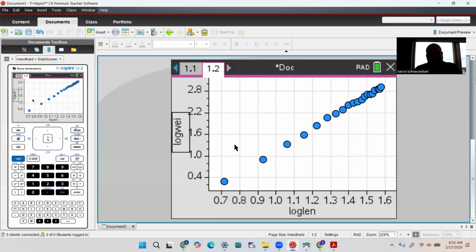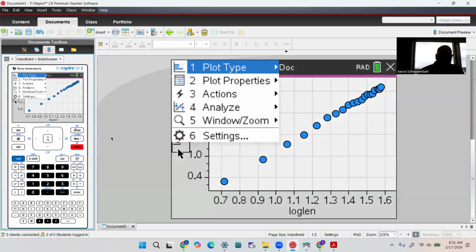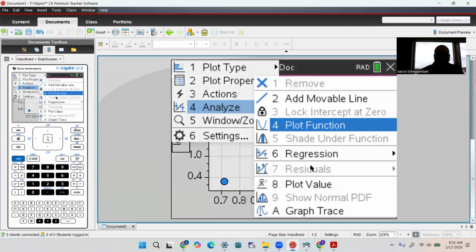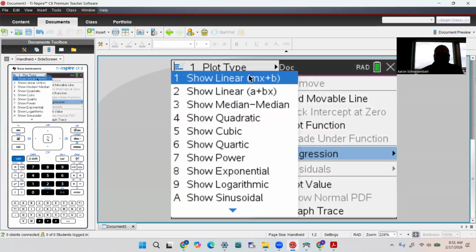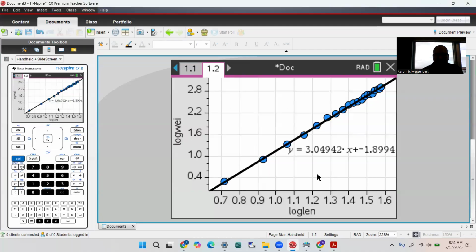And that makes it very linear. And if we do menu, analyze, regressions, show linear, we get it showing up pretty nicely.